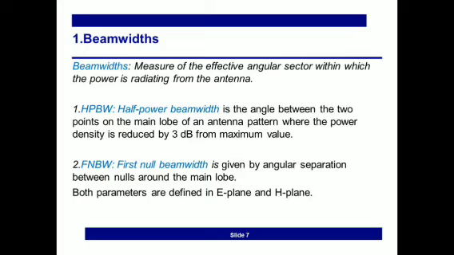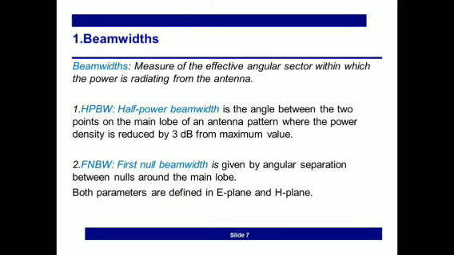So let us give a formal definition of beam width. Beam width is a measure of the effective angular sector within which the power is radiating from the antenna. We have two beam widths, one is the half power beam width and the second is the first null beam width. We can define the half power beam width as the angle between the 2 points on the main lobe of the antenna pattern where the power density is reduced by 3 dB from the maximum value.